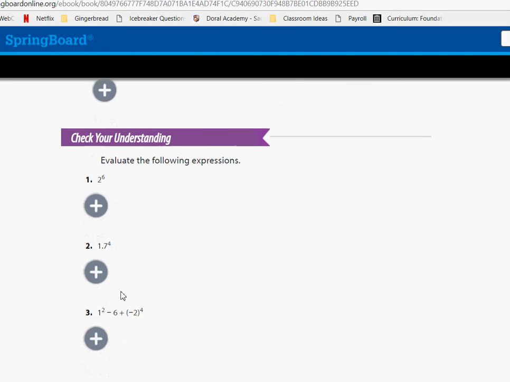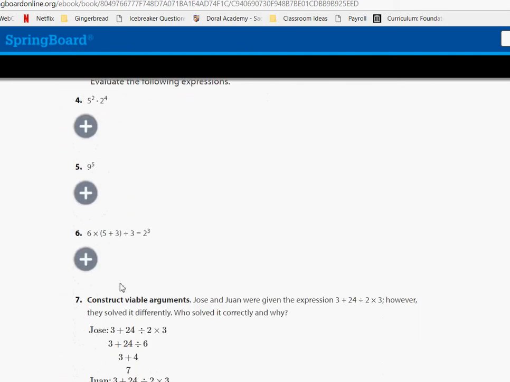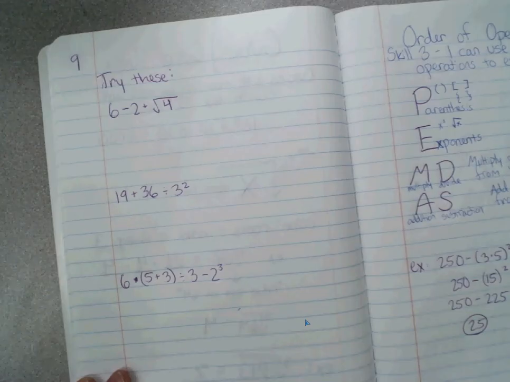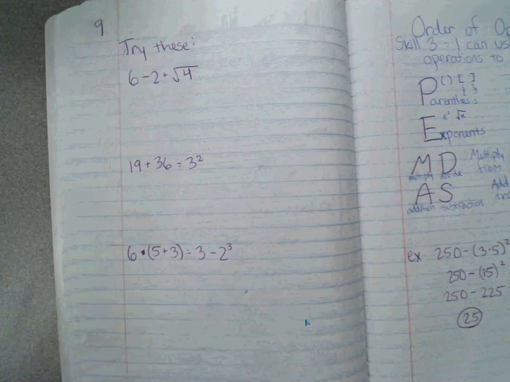And the last one is a little bit longer. Try 6 times (5 plus 3), and I'm going to change that times to a dot, divided by 3 minus 2 cubed. Go ahead and try those three.